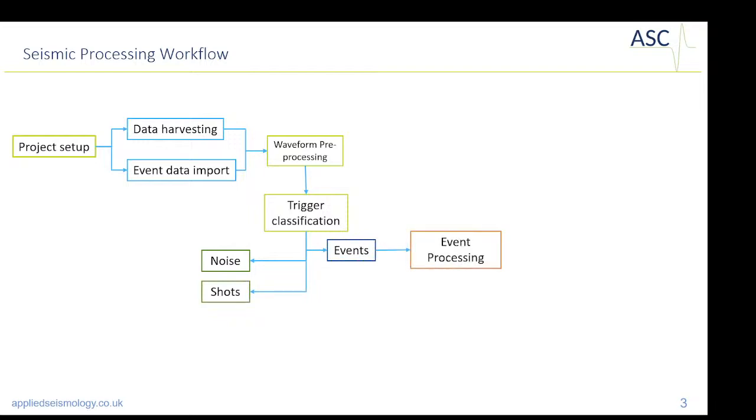Once we have the events, we complete our processing with the main steps in event processing, such as phase identification, analysis of the frequency content, and probably the most important part, the location of the events. And finally, we analyze and export our results as an event catalog, or export our processed waveforms.